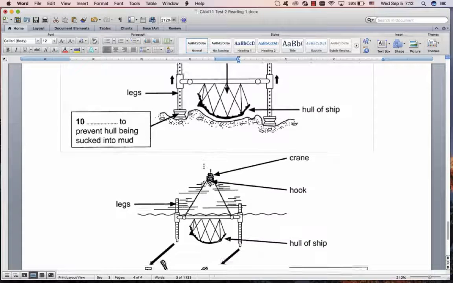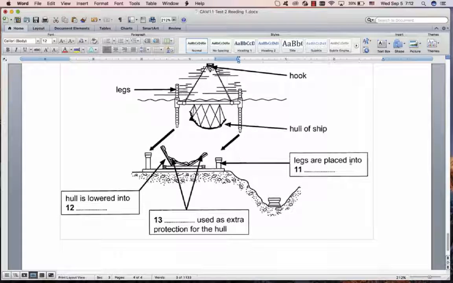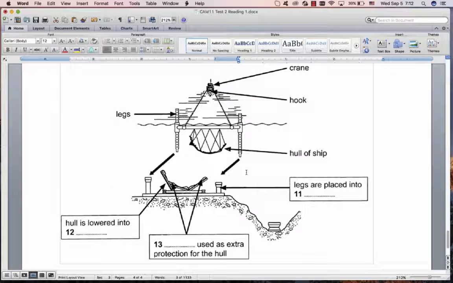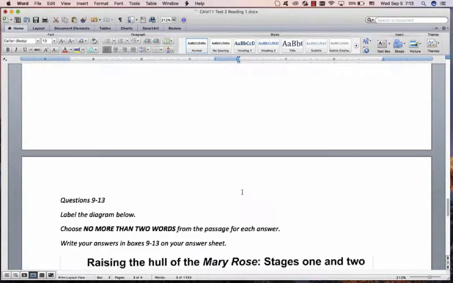Hydraulic jacks over there. The legs are placed in 2. I'm probably going to look for a plural here because there's more than one leg. What are these things? Whenever you can, look at the diagram. Often it can help you with your understanding. Look at the diagram. So this says there's the legs, and they are placed into these 2 things. So we're looking for a plural noun here. The diagram told us that.